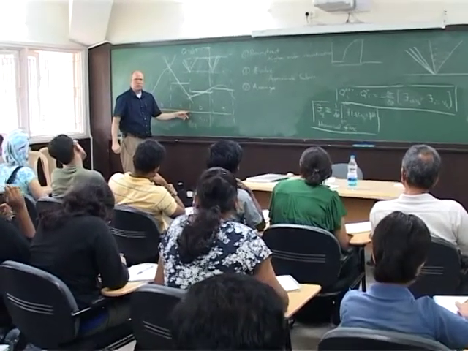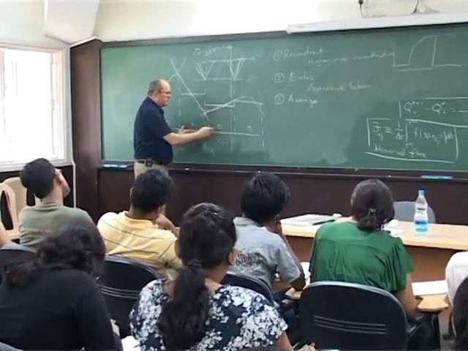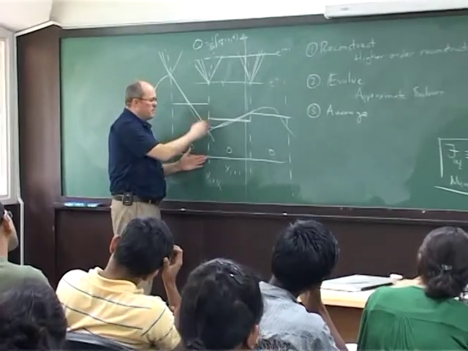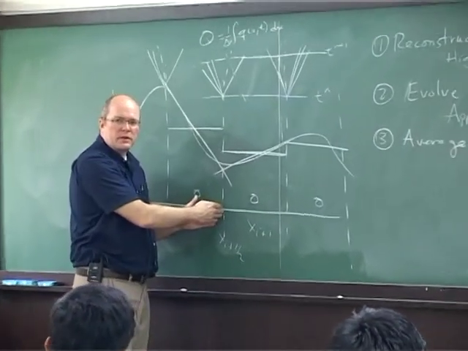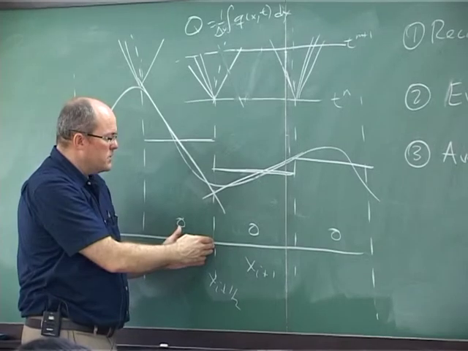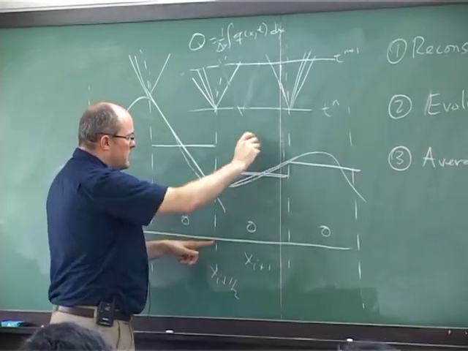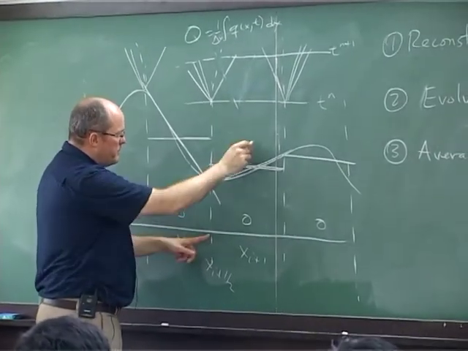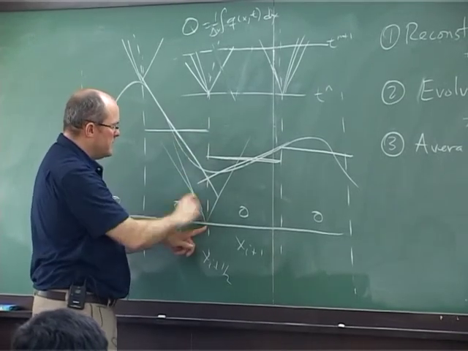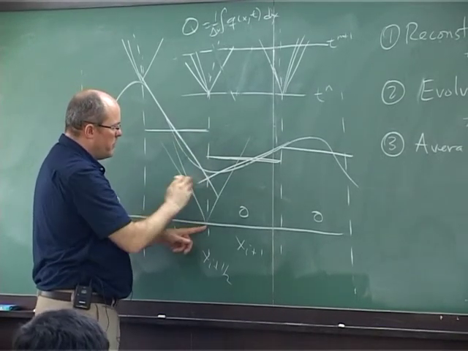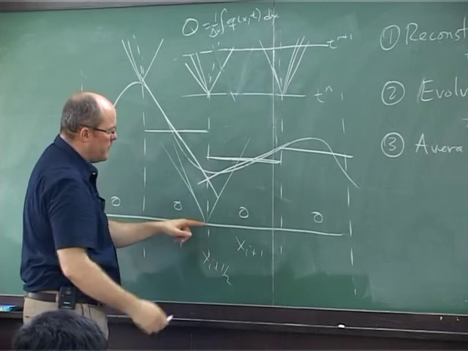This halfway point, this boundary between the two cells, is the center of the Riemann problem. And so when I look at the characteristics that come out, they will propagate in some type of a fan around here.